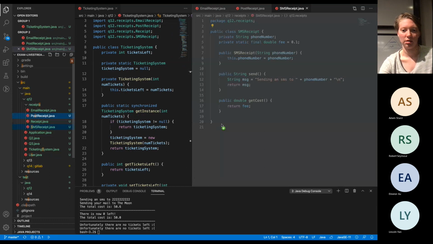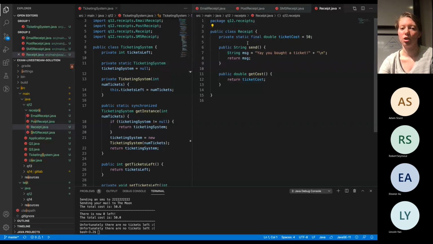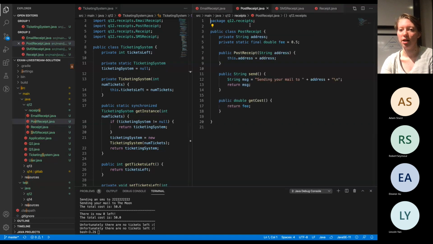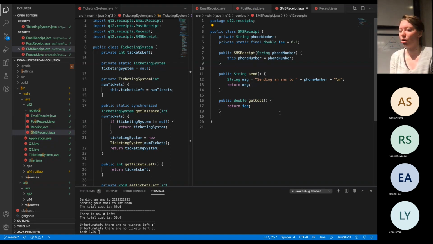And then the actual receipt. So the first thing, there's a send and a get cost, a send and a get cost, and a send and a get cost. So we don't actually have to write any of this code. All of it's already there. But to make this code nicer to read, let's add an interface.